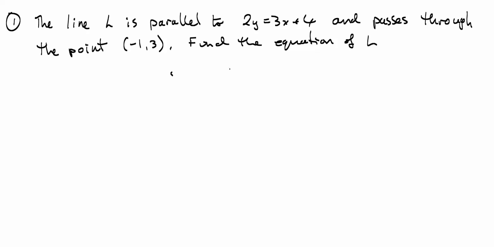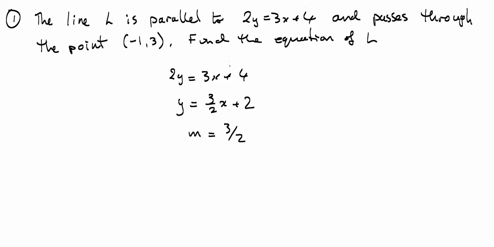So we need to find the gradient of 2y equals 3x plus 4, and we need it in the form y equals mx plus c. So we need to divide by the 2, so we have y equals something. So we get y equals 3 over 2 x plus 2. So the gradient m of the line is 3 over 2, and therefore that's the gradient of L, which is parallel.